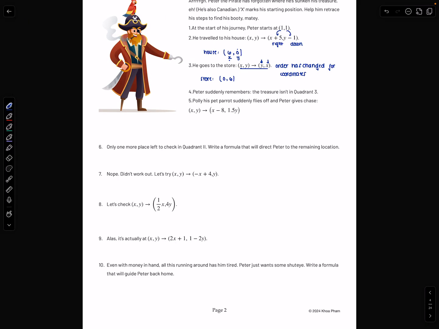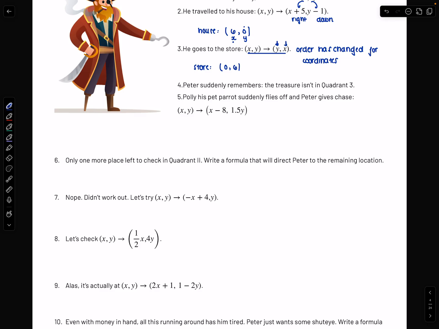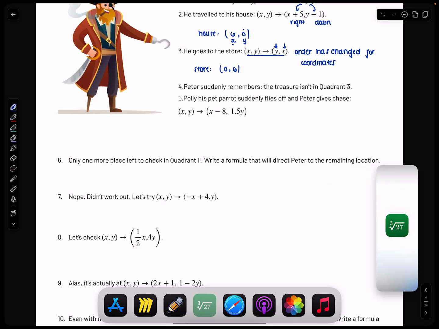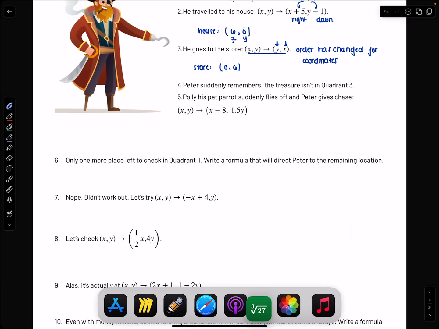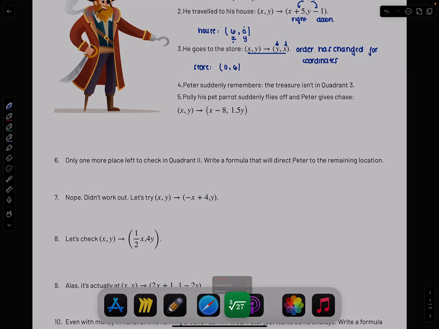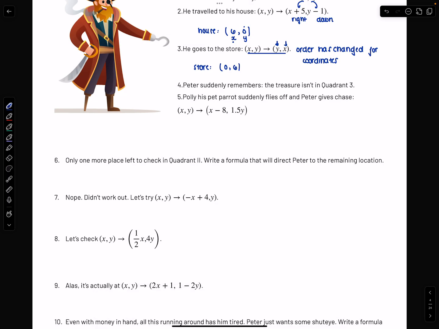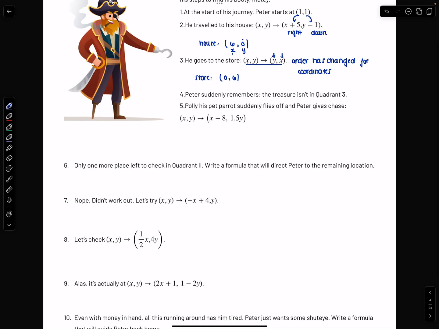Polly, his pet, suddenly flies off, and Peter gives chase. So now from the store, we're going to go from X to X minus 8, and then 1.5Y. Okay, maybe I do need the calculator. Actually, no, I don't. That's 9. So here we have 0, 6.